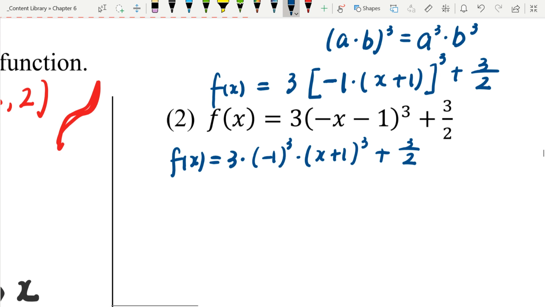So there's minus 1 to the power of 3 times (x plus 1) to the power of 3, to get rid of the negative because I want a positive x in the bracket. So minus 1 cubed is minus 1, so minus 3 times (x plus 1) cubed plus 3 over 2. And that's in a good form now.